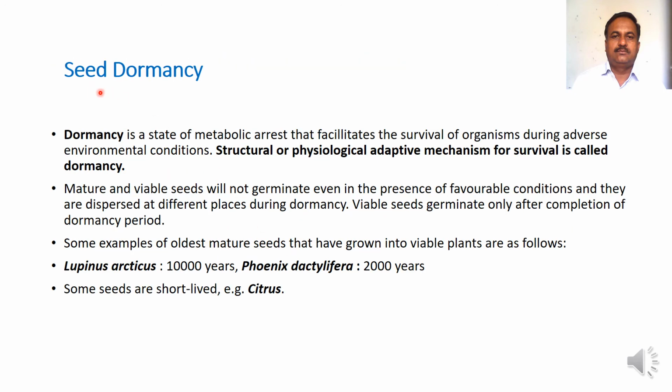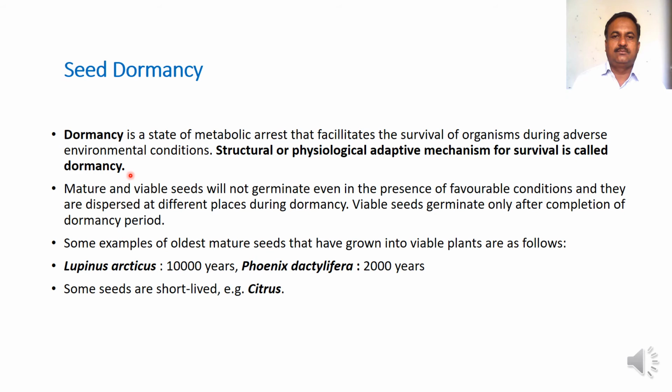Now see about seed dormancy. Dormancy is nothing but a state of metabolic arrest that facilitates the survival of organisms during adverse climatic conditions. A structural or physiological adaptive mechanism for survival is called dormancy.